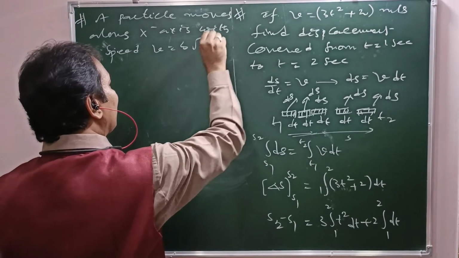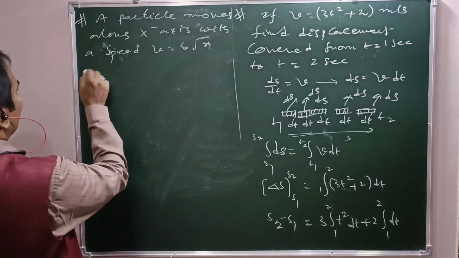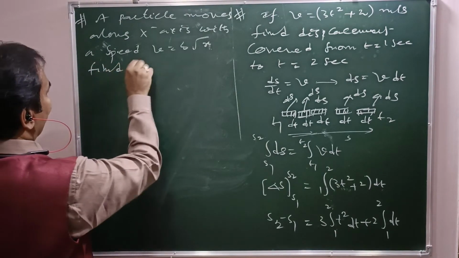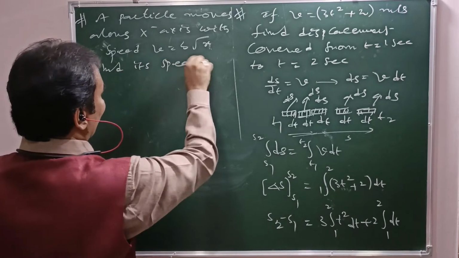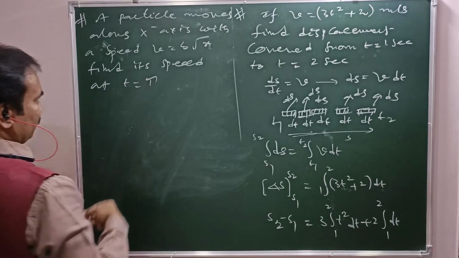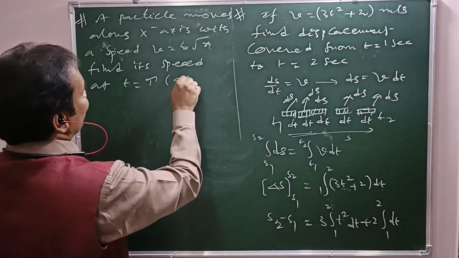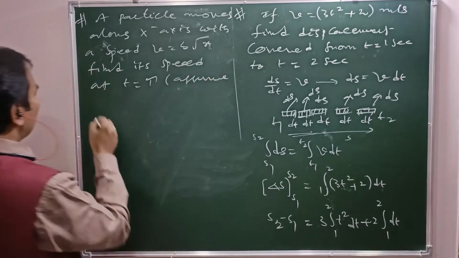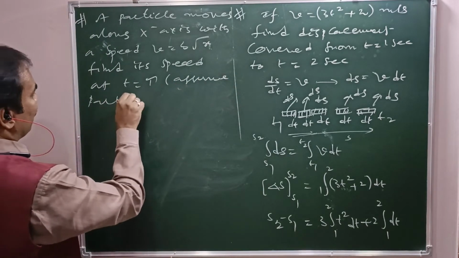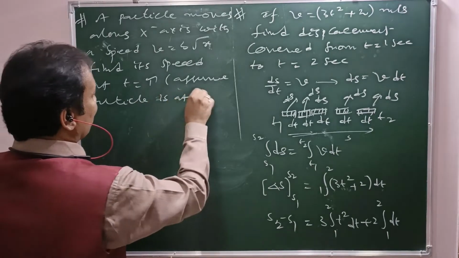Am I right? v equal to b root x. Find its speed at t equal to tau. What is the condition? Assume the particle is at the origin.